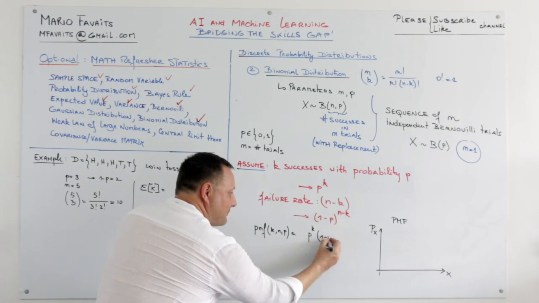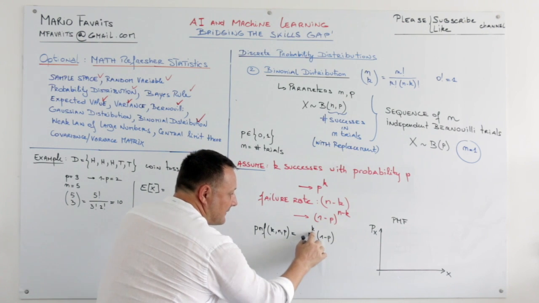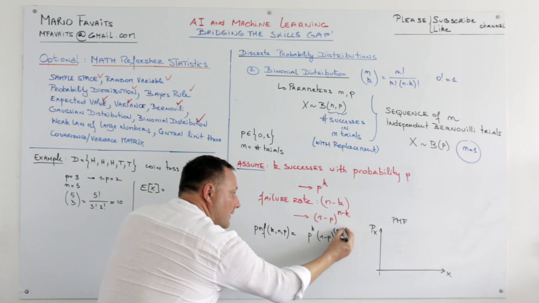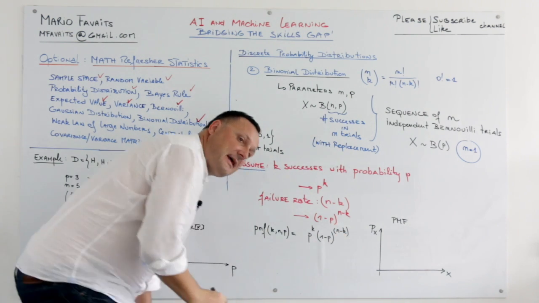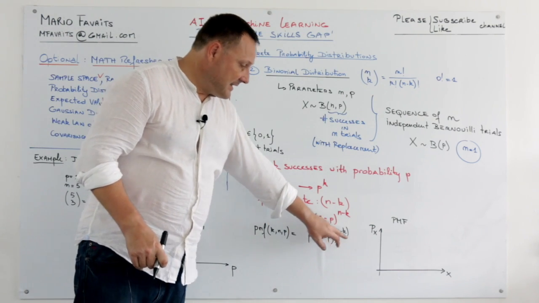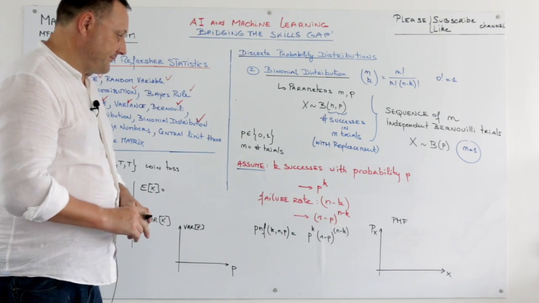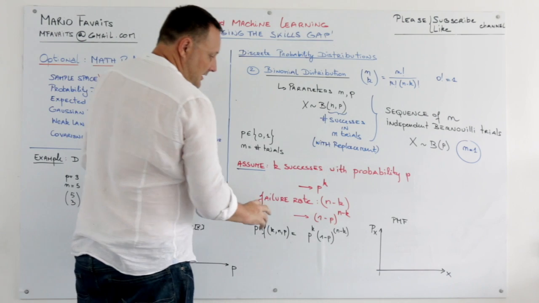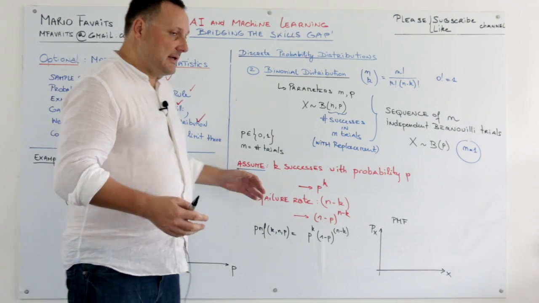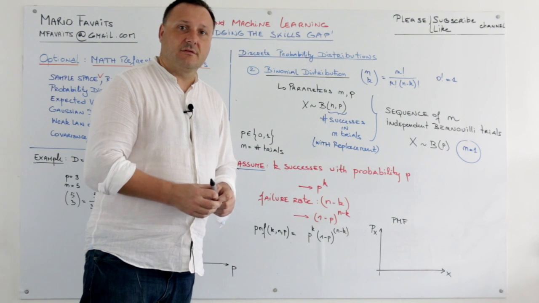Failure is 1 minus p, remember, and we have n minus k trials left. But the successes can happen anywhere in the sequence of n trials.